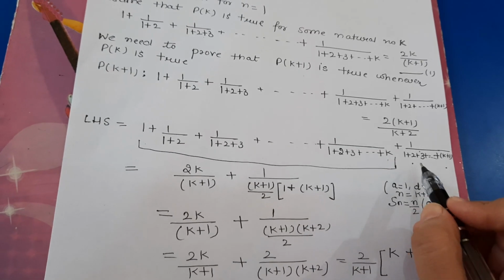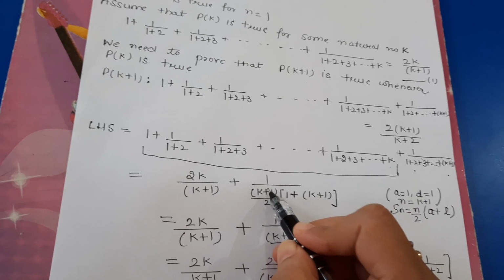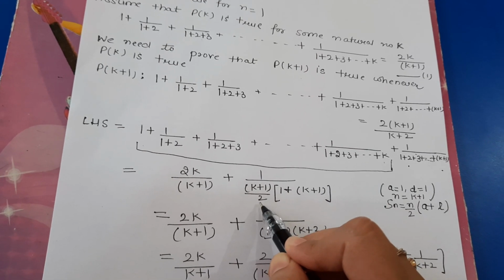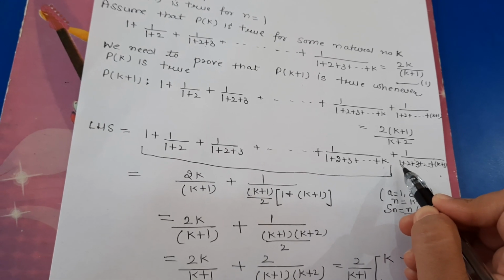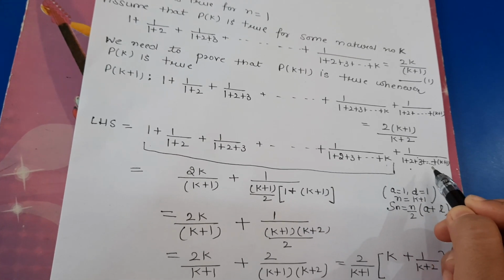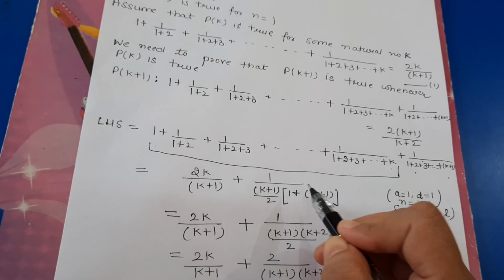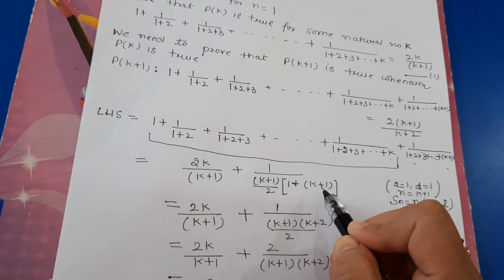So the number of terms are k plus 1 divided by 2 into first plus last term. Now here your first term is 1 and the last term is k plus 1. Right? So this is 1 plus k plus 1.